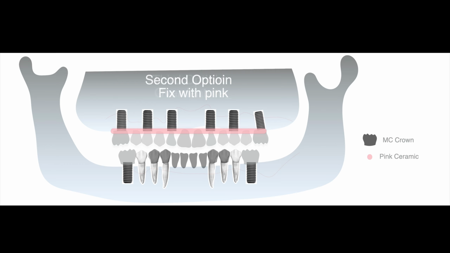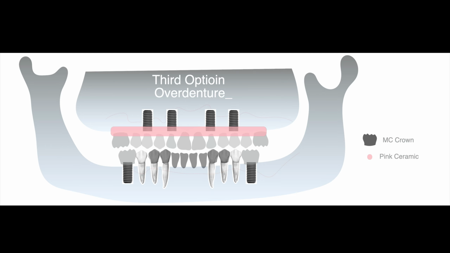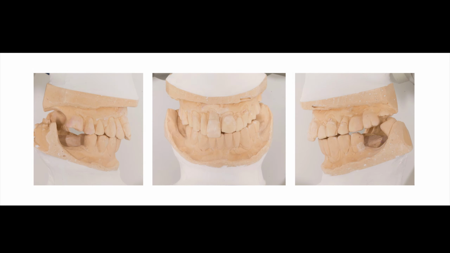That could be a second option. The third option is to do an all-on-4 and an overdenture that we can take out to clean. So well, until here are the main general decisions. Hope you are more or less encouraged to do it.